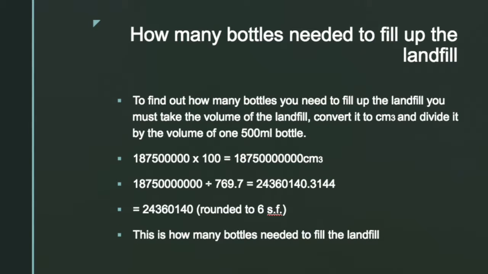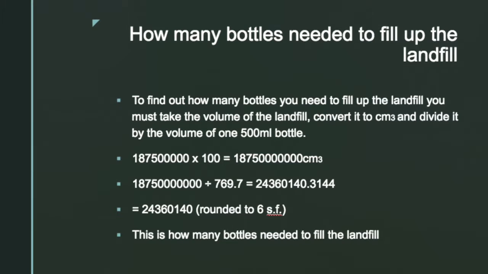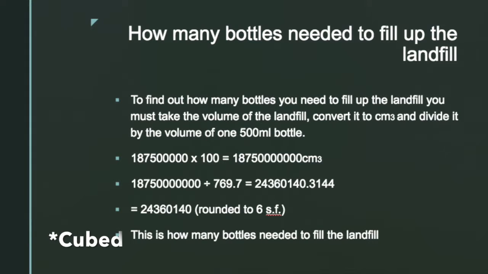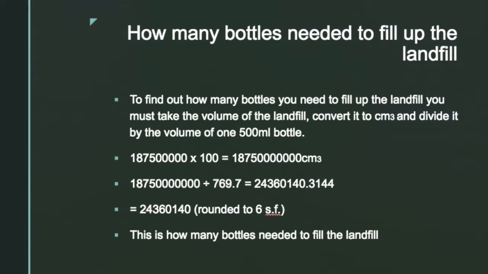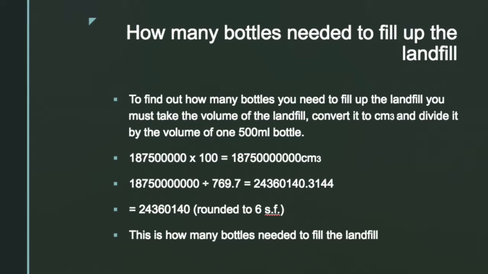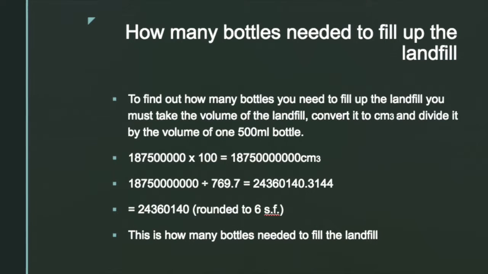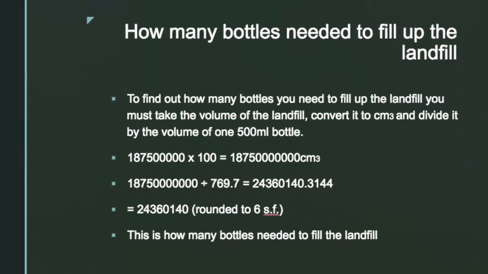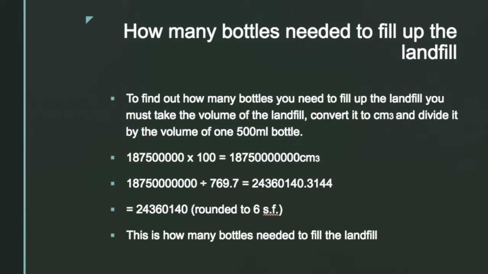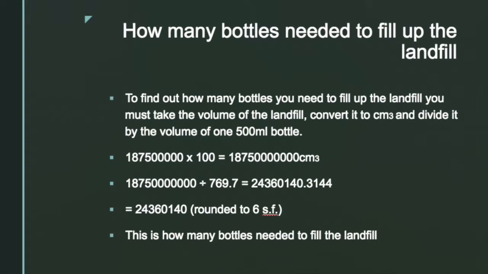To find out how many bottles you need to fill up the landfill, you must take the volume of the landfill, convert it into centimeters cubed, and divide it by the volume of one 500 milliliter bottle. To convert the volume of the landfill into centimeters cubed, we'd have to times it by 100, which would give us 18,750,000,000.